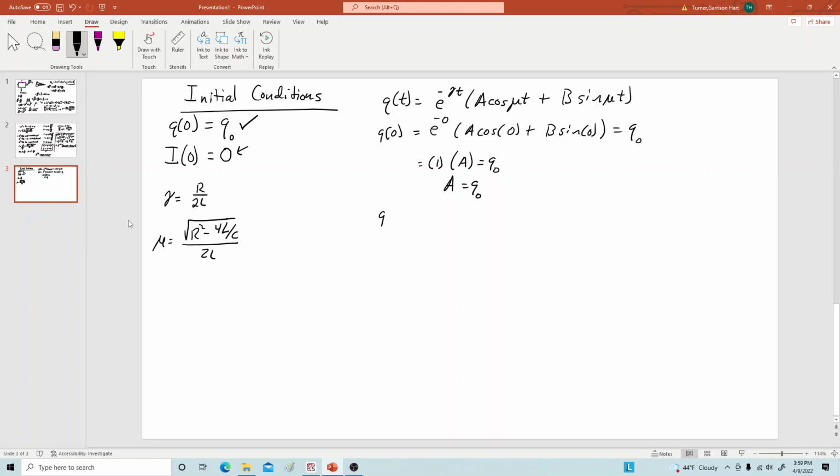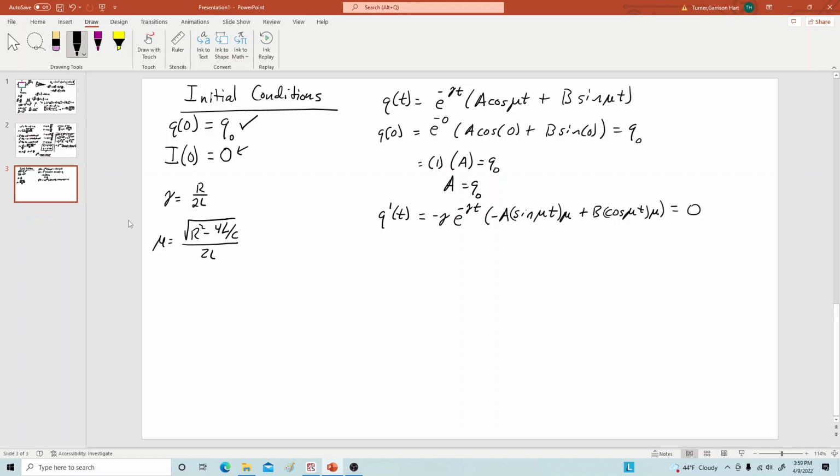Second condition, let's take the derivative of Q, and this is going to be negative gamma e to the negative gamma t times minus a sine of mu t times mu plus b times cosine of mu t times mu, and all of this must equal 0, right? All of that must equal 0.